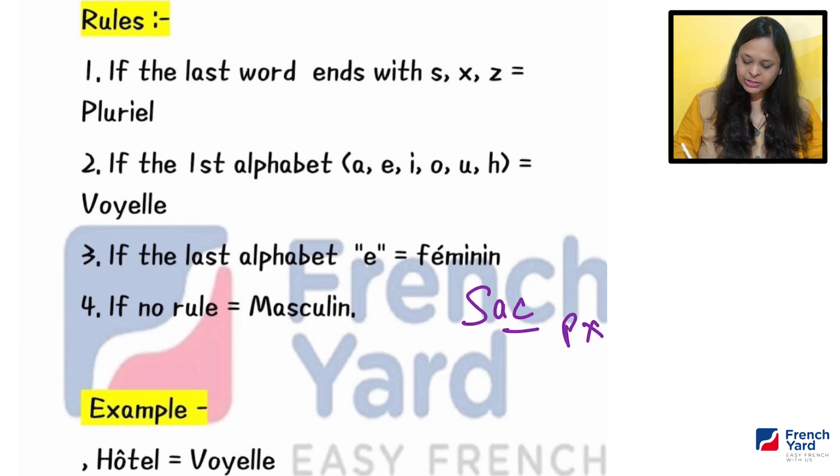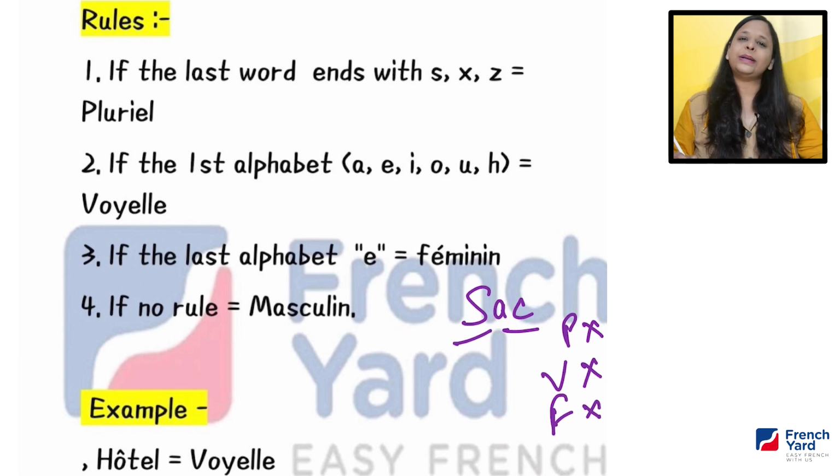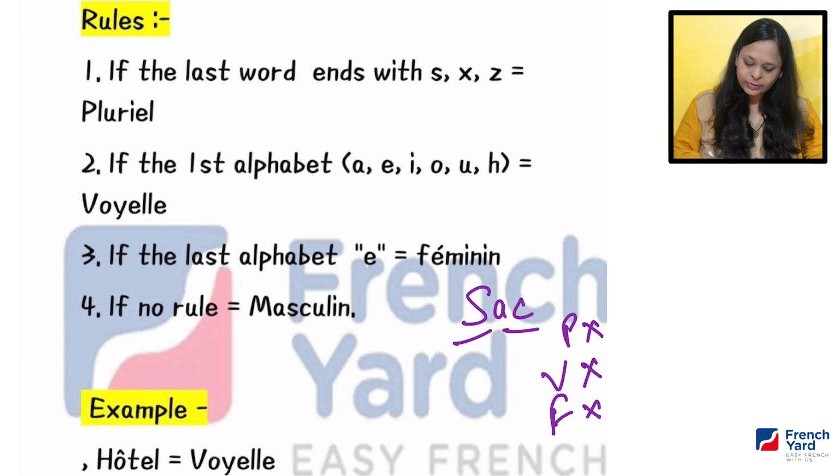The first letter is S, it is not a vowel, so the second rule is also not satisfied. Rule number 3 says if the last letter is E, then I put it in the feminine category, which is not the case here. Now because none of the rules apply, rule 4 says if no rule, masculine. So because the word sac does not follow any of the rules, I am going to put it in the masculine category.